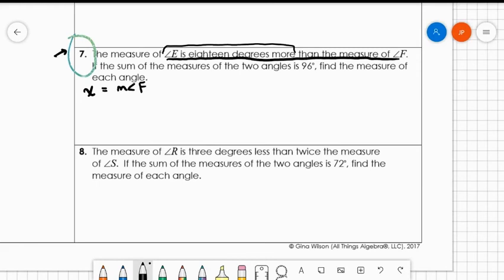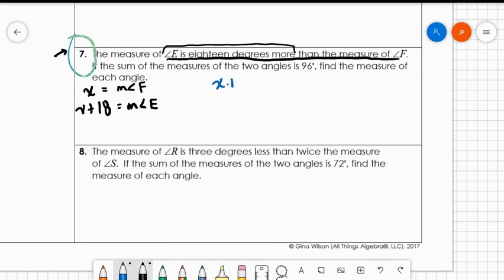Think of it as like an independent variable, and E is my dependent one. E depends on F. So if F is x, E is 18 more than that. And once I do that, I can solve this exactly like the other ones up top.